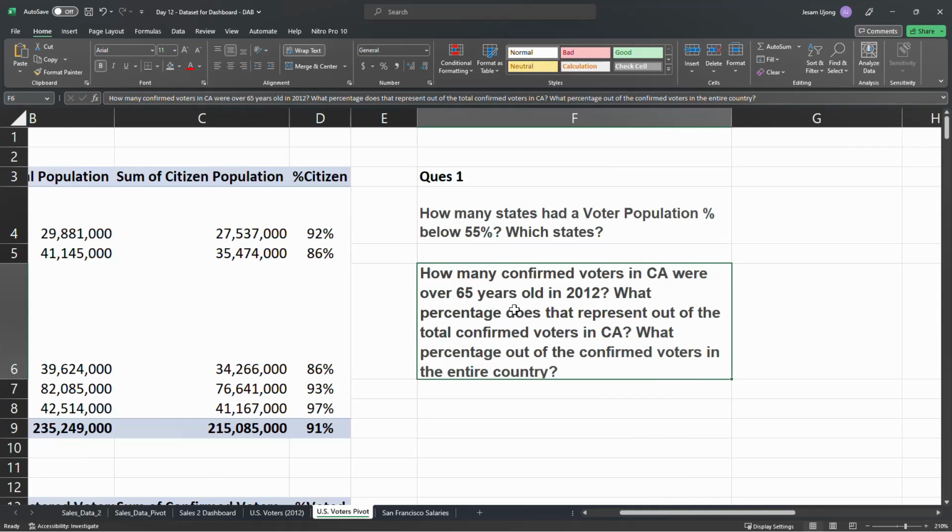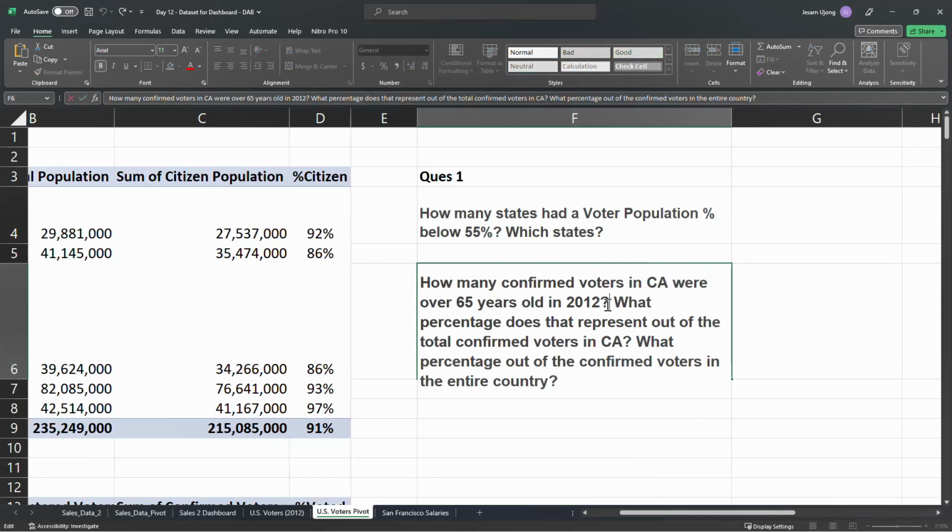Then what percentage does that represent out of the total confirmed voters in California? And then what percentage do they represent out of the total voters in the entire country? So I would do us a favor by splitting these questions.